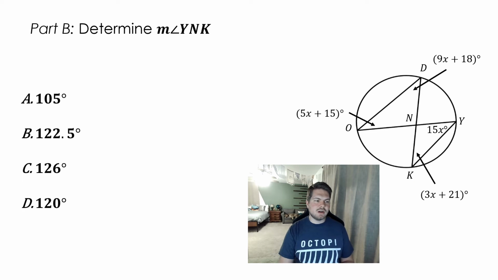So now we are trying to look for angle YNK. So we are just going to plug in 3, add all these angles up, and all of these angles added together should equal 180.